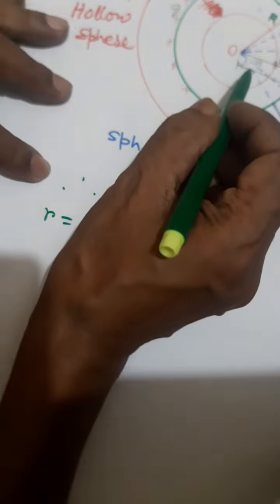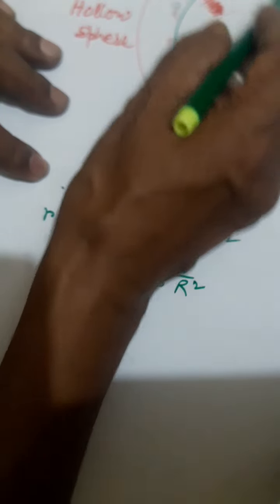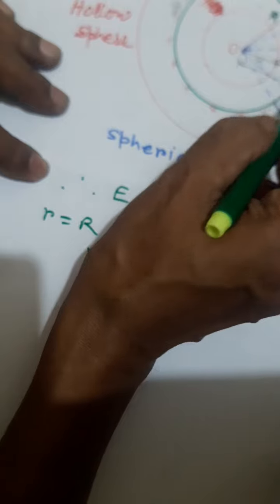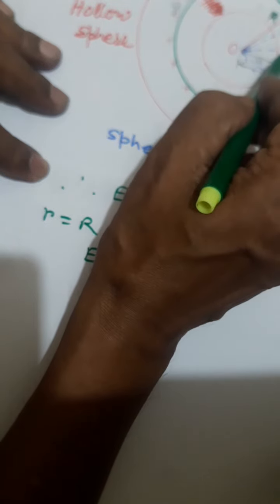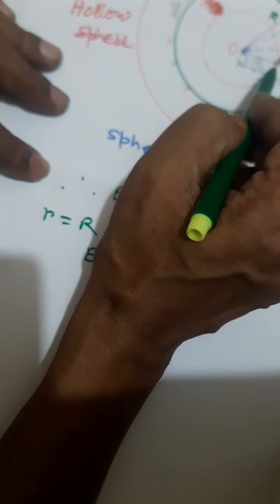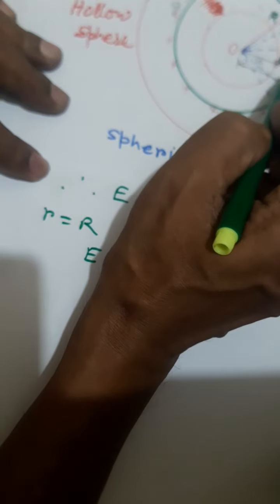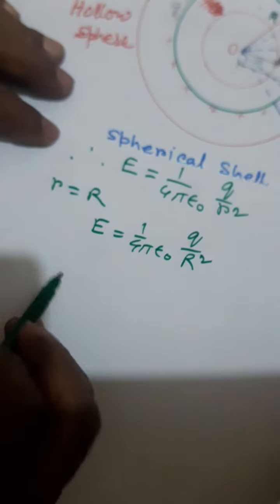If we want to calculate the electric field inside the spherical shell, then the point P will be inside the spherical shell, and the calculation of total flux is the same.